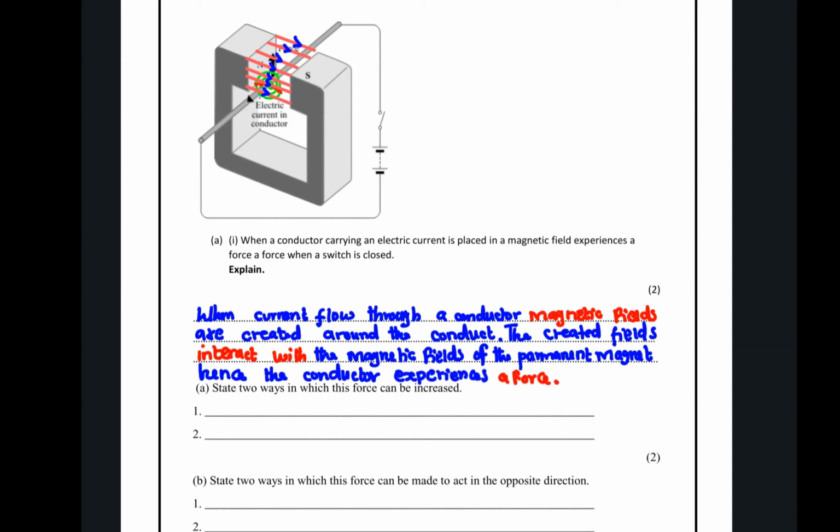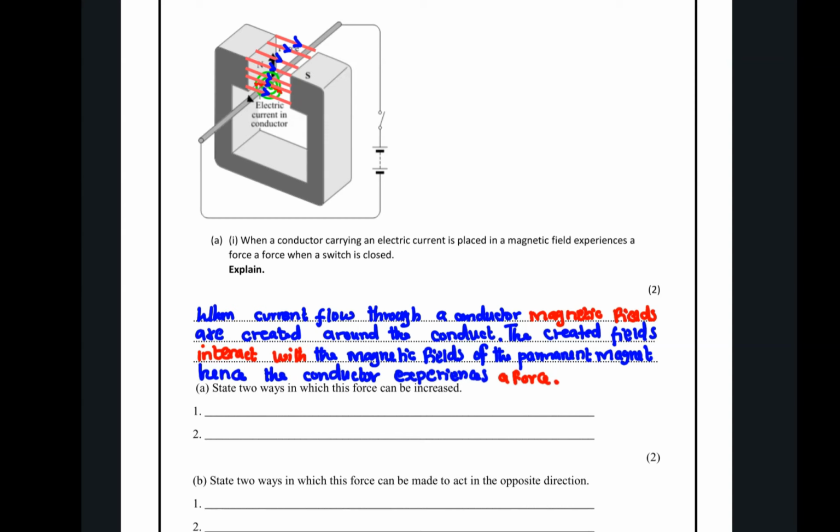Remember, this force is as a result of the fields of the permanent magnet, and also as a result of the flow of current. So in that way, we can increase this in two ways.